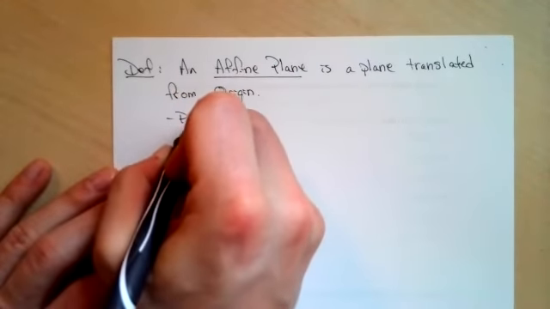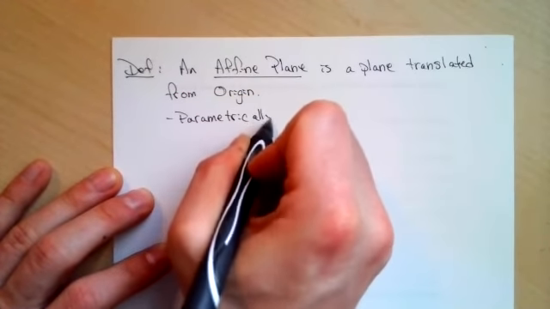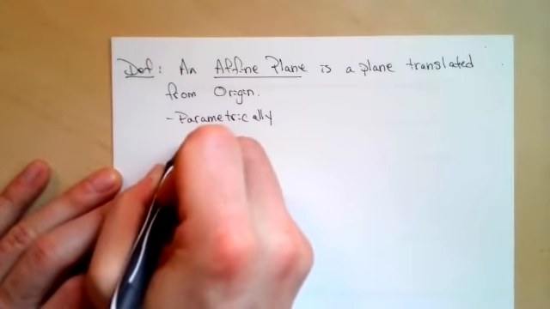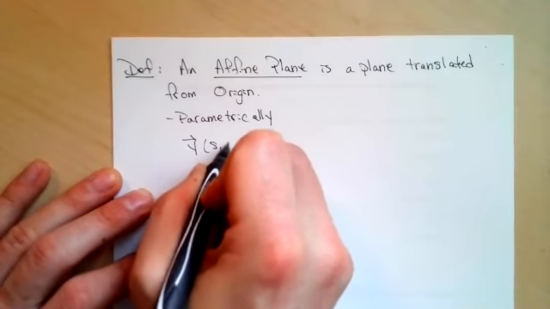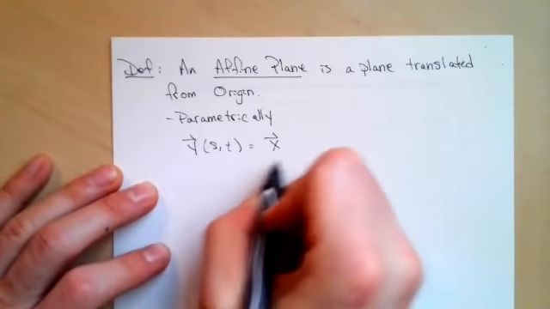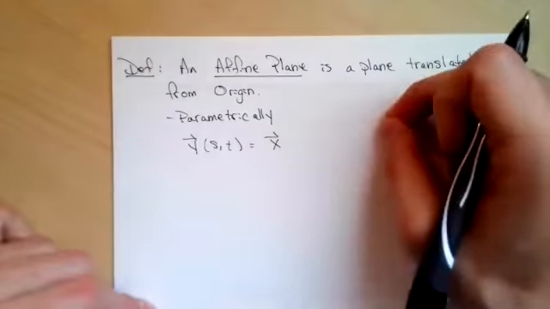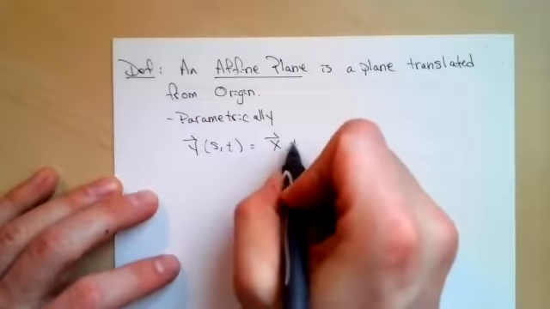So our parametric equations look something like y of s and t is going to be some sort of starting vector or a translation vector of where we want to think of our origin being shifted.